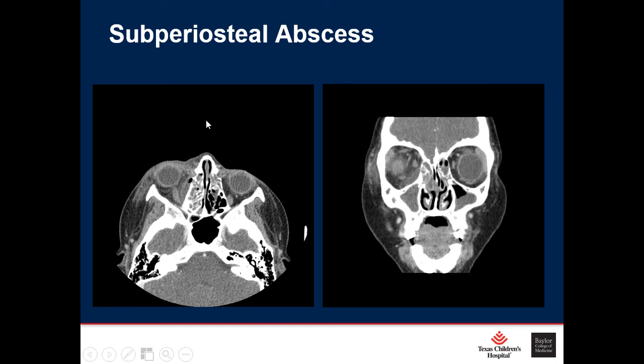Most commonly nowadays, it's done endoscopically through the nose and with removal of disease from the ethmoid sinuses and drainage of that abscess into the nose. On the right-hand side, again, you can see that walled-off abscess just inside the lamina papyracea area.